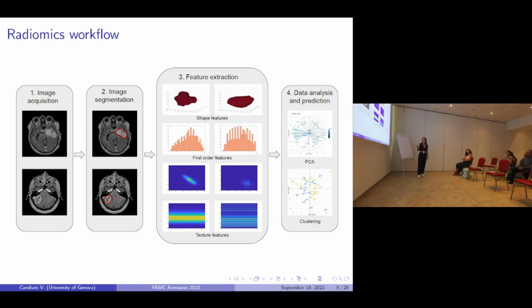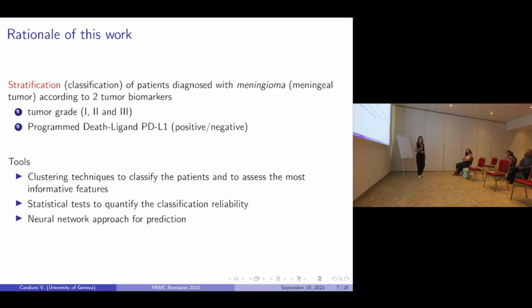More specifically about the fourth step, we would like to get a stratification, which is just a fancy medical term to mean classification, of patients diagnosed with meningioma according to two different tumor biomarkers. One is tumor grade, that can be stadium 1, 2, or 3, and the second one is the so-called PD-L1. I'm not going into detail here, but you just need to know that it can be classified as positive or negative, so binary, and it gives some sort of assessment of the aggressiveness of the tumor.